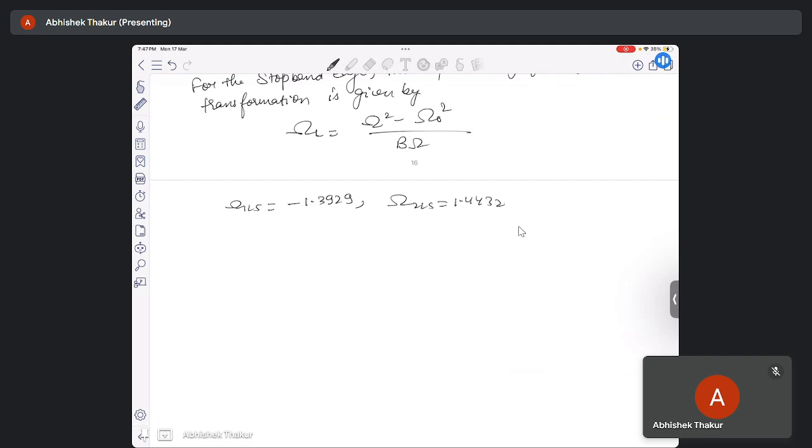So however, we can only choose a single stop band edge to design our low pass filter.